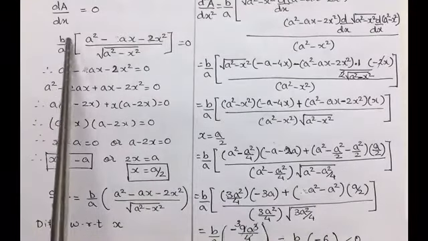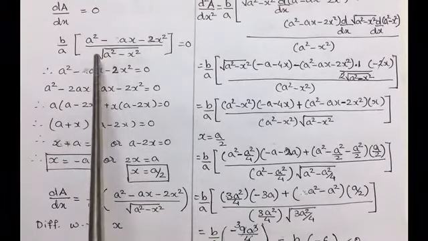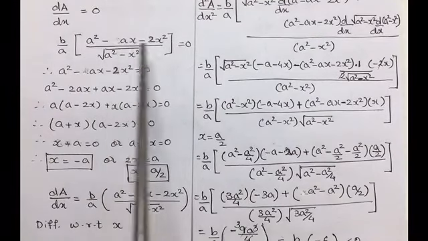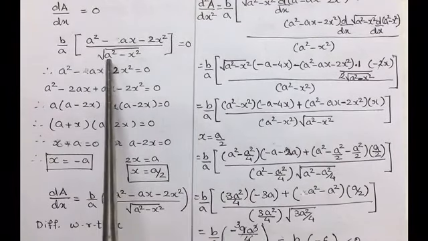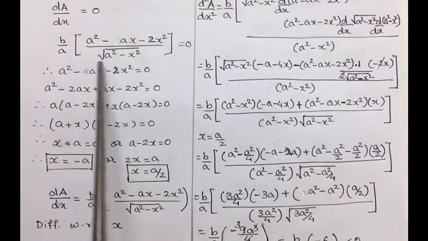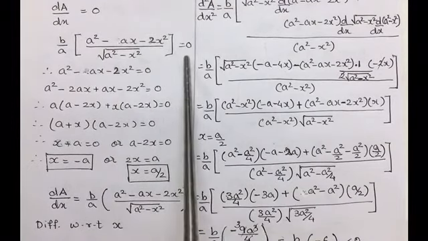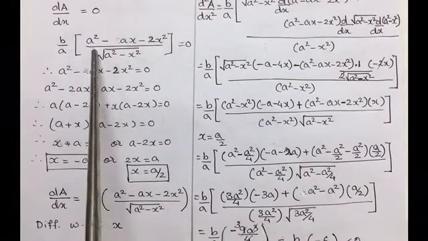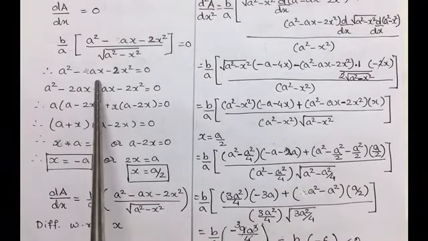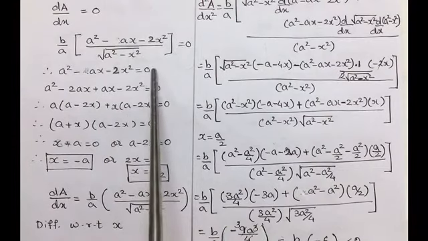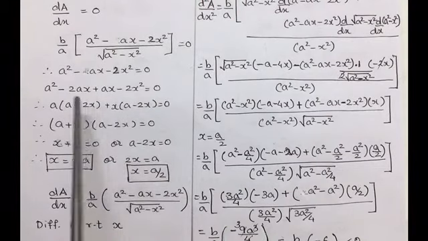Equating the first derivative to 0, the root of a square minus x square going to this side makes it 0. Only a square minus ax minus 2x square equal to 0 remains.